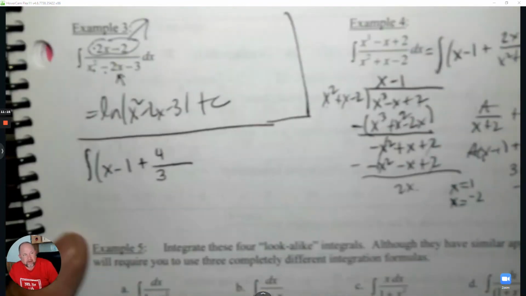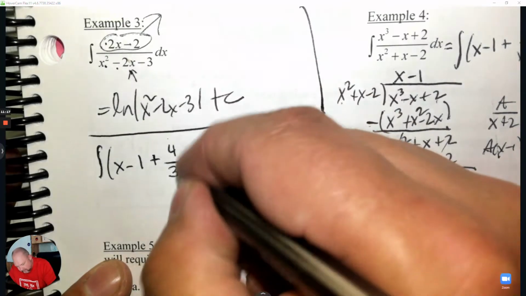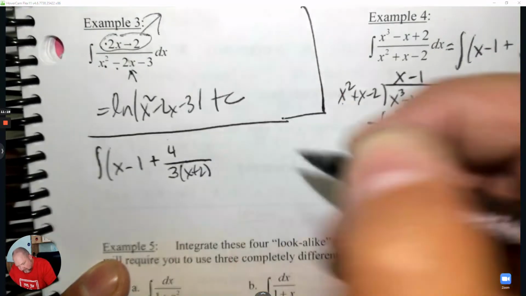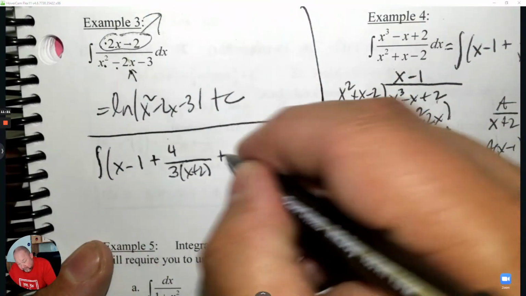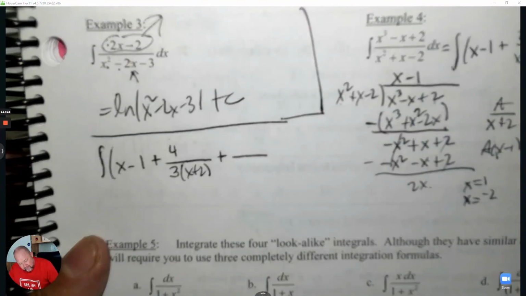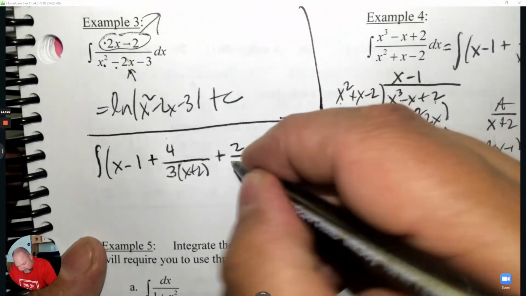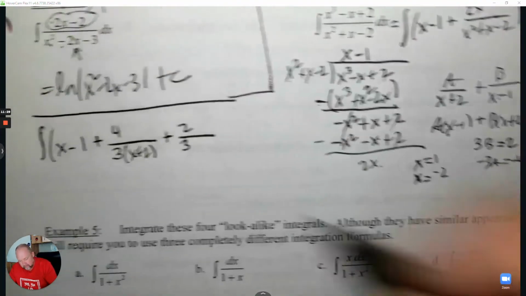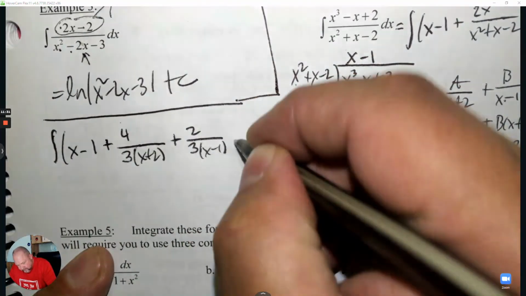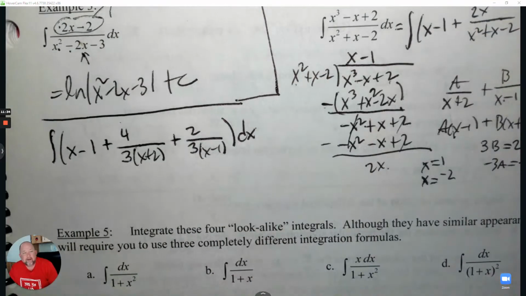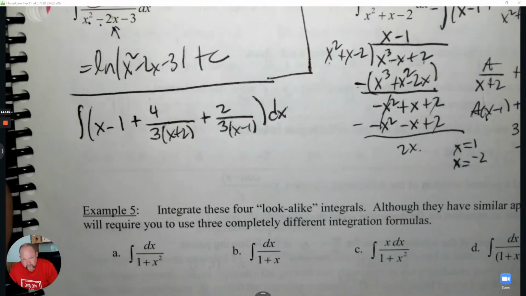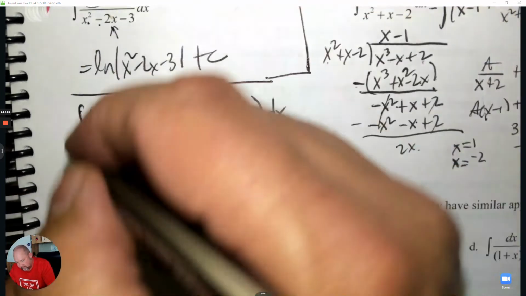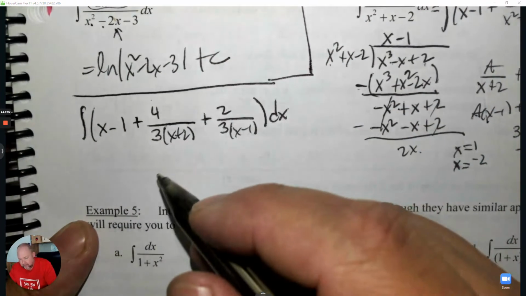And then the denominator for A is x plus 2. The second one is 2/3 for B. And then that's over x minus 1.